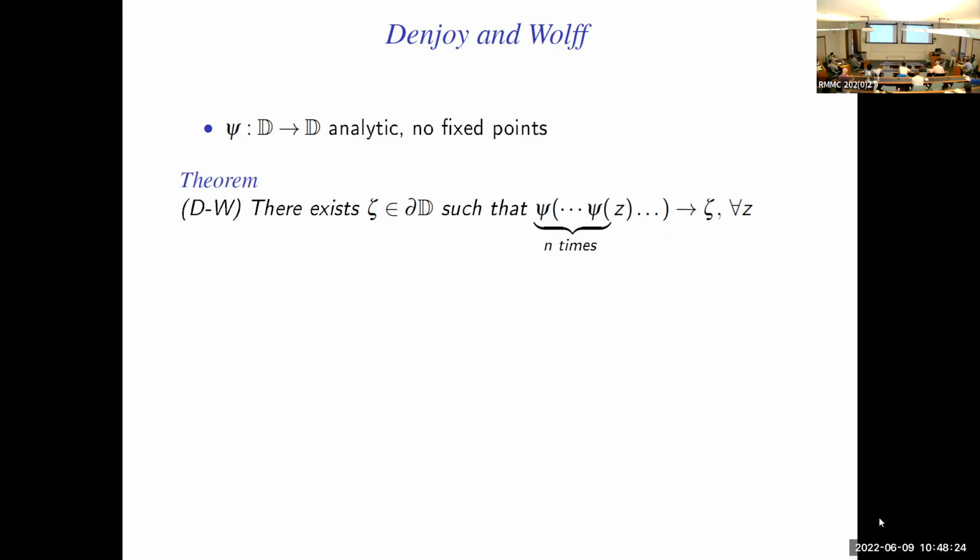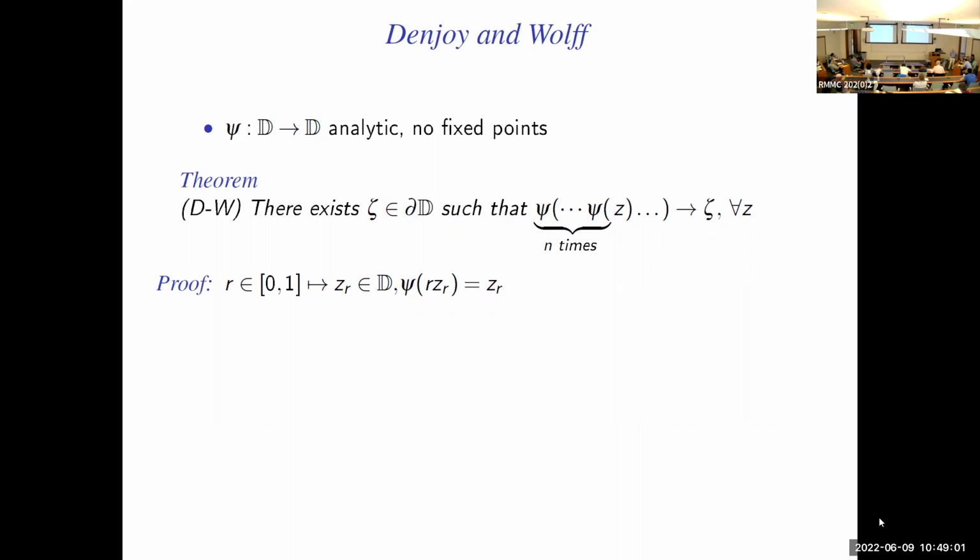Okay. So how do they prove this? Well, suppose that R is between 0 and 1. Actually, it would be better if it were an open interval, if you don't mind. If you look at the map that takes z to psi of R times z, that's a map which is analytic not only on the open unit disk, but on a bigger set, and therefore it has a fixed point.